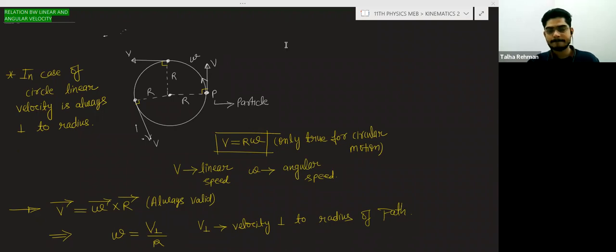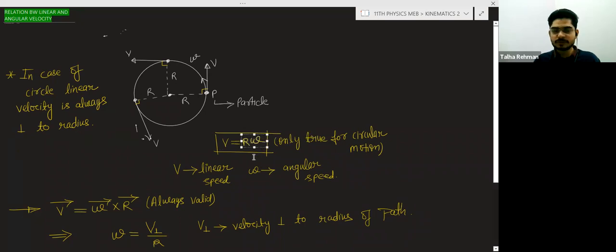Basically here I have written this velocity. Now I am talking about the magnitude of the velocity. So the magnitude of the velocity is basically the speed.